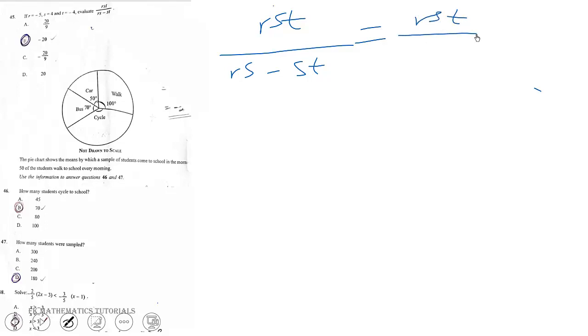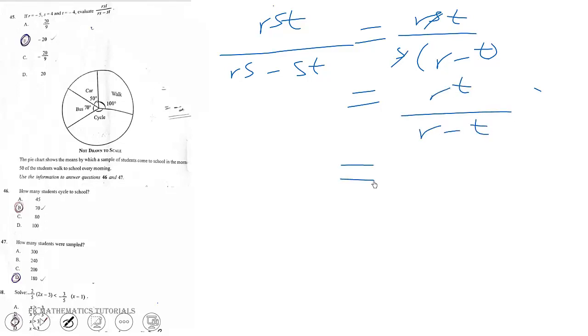Question 45. If r equal -5, s equal 4, and t equal -4, evaluate rst over rs minus st. So rst over rs minus st will be equal to rst over s into r minus t. So this will cancel this, we have rt over r minus t.